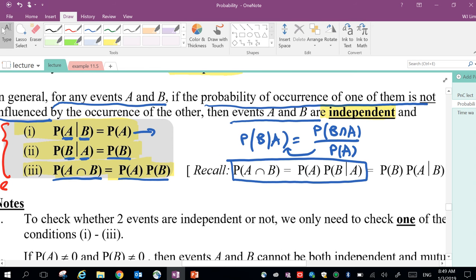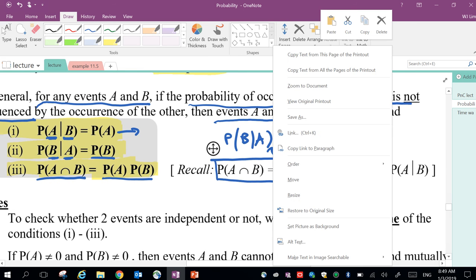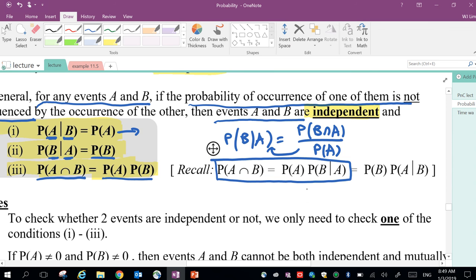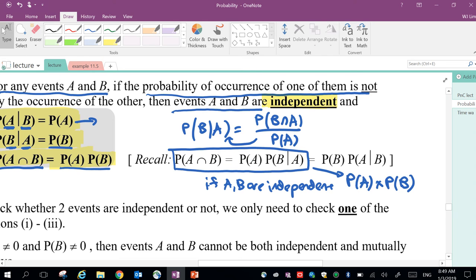Then multiply by P(A) over, and you'll get this. If A and B are independent, then P(A) times P(B given A) is P(A) times P(B), because B given A is P(B) by condition 2.